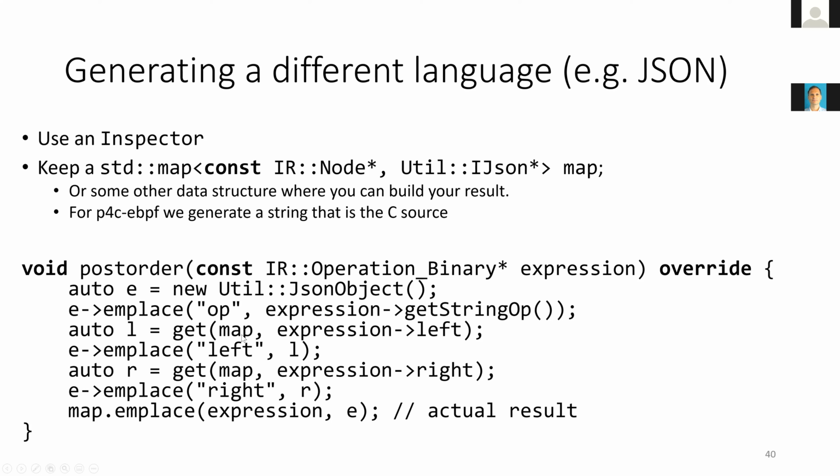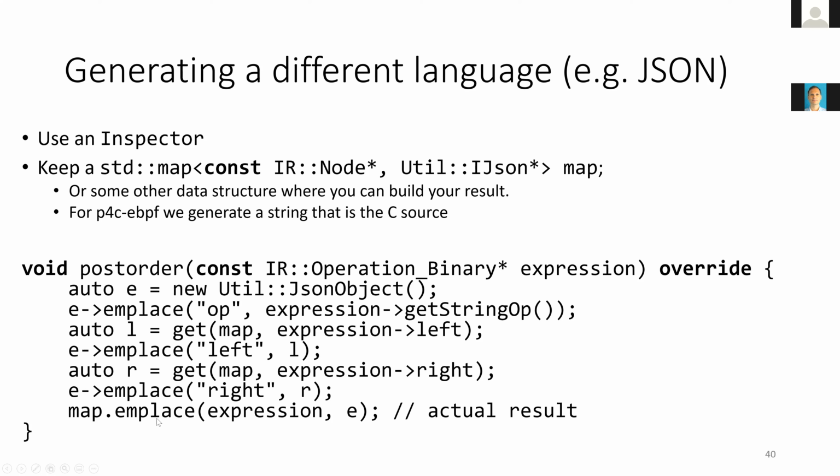And then, this is the post order function, so we have crawled the left and the right children of the binary operation. Now we look in the map to get the left child and the right child. They are just JSON objects, and we stick the left one in the object with the left label, and the right object we stick in the object with the right label.